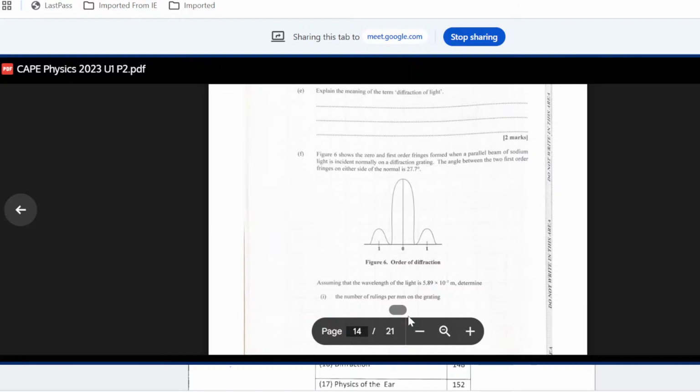Question, did you divide theta by 2? No. Sir, I got 1.27 times 10 to the negative 6. It says 1.27.